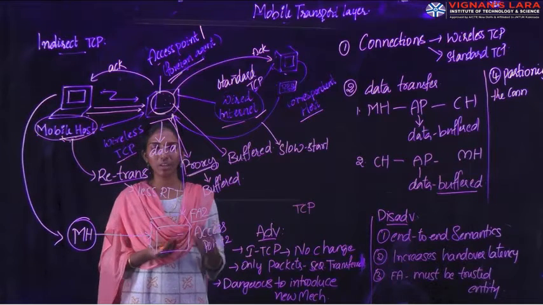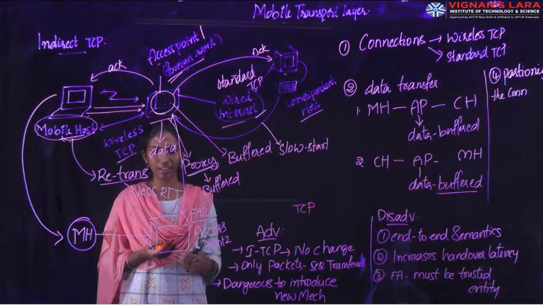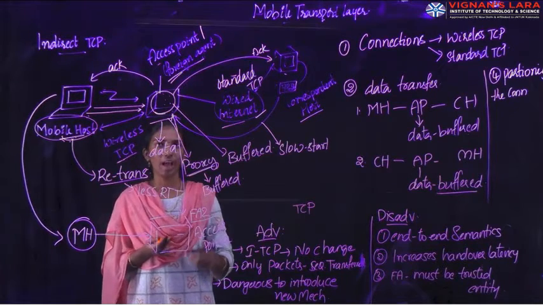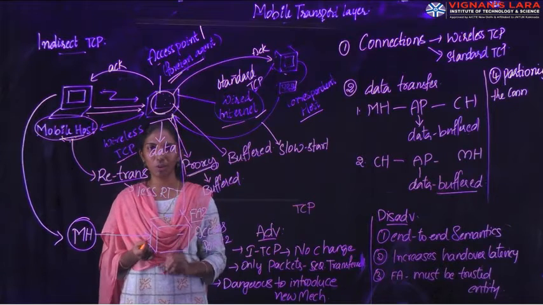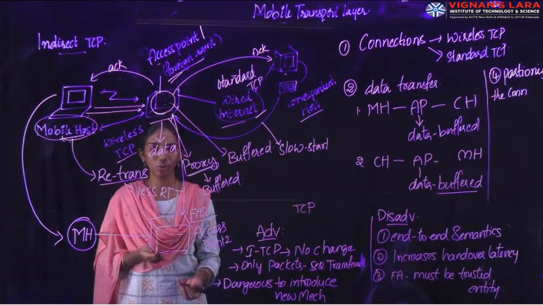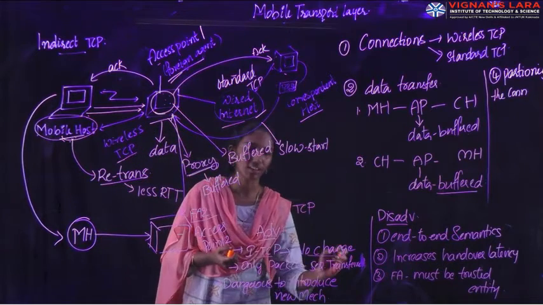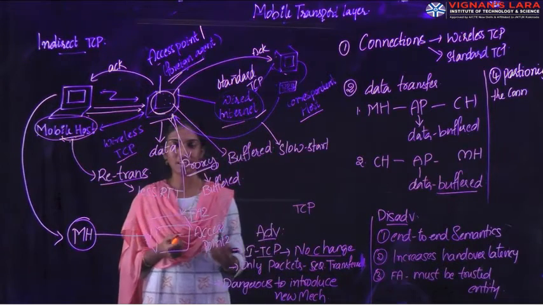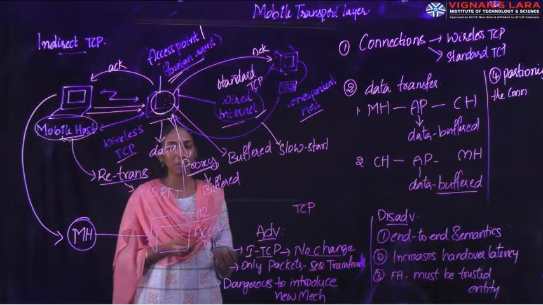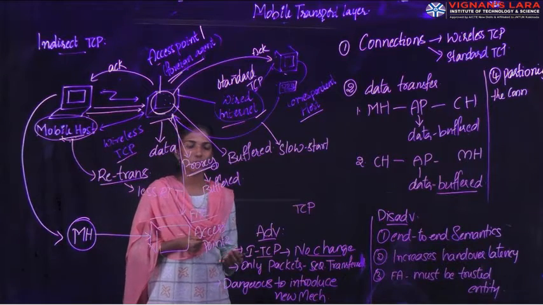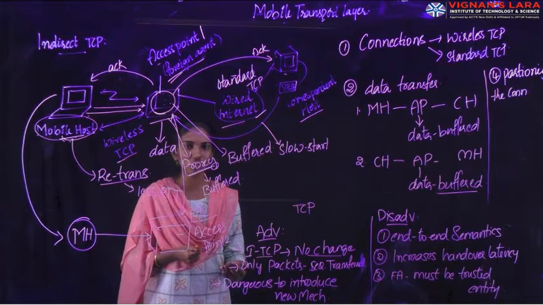So there we can retrieve the data and retransmit the data without causing any errors in the network. In the same way, as there is a proxy and the concept of buffering, even though we are using indirect TCP, there is no change in standard TCP. As there is an error recovery mechanism for data in the network, this is one of the advantages.